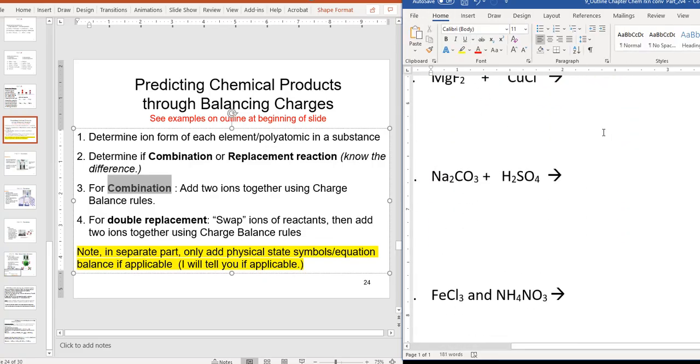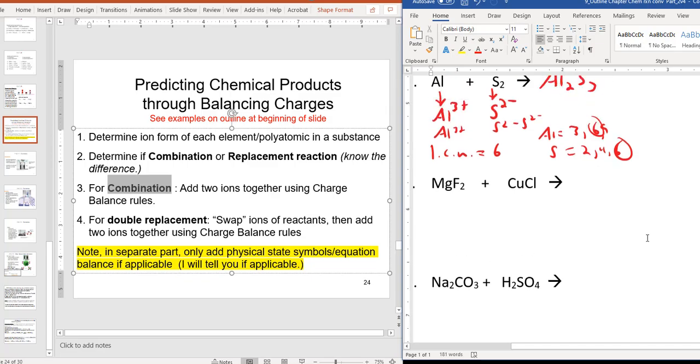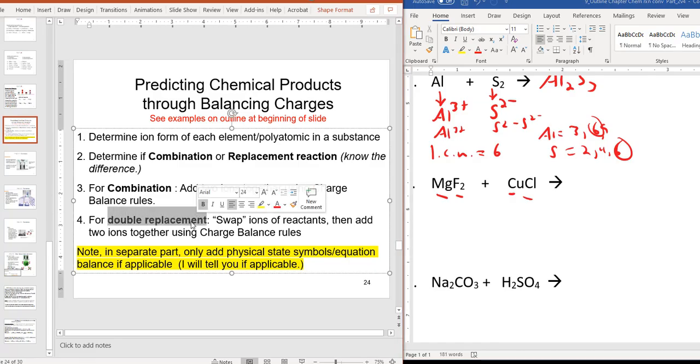Now we're going to go to the next one. Magnesium fluoride and copper chloride. You'll notice that there are 2 ion species and 2 ion species, so in this case, it's going to be a double replacement reaction.